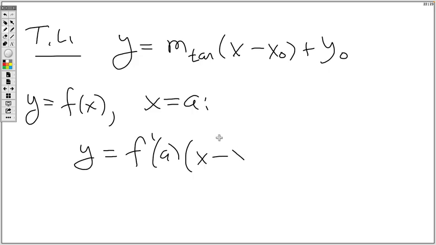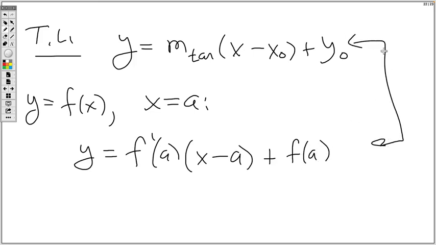The x naught is a. And the y naught is f of a. So these go way back to the beginning of chapter 3, right? That was section 3.1, 3.2. Seems like forever ago, but it was really like 5-6 weeks ago.